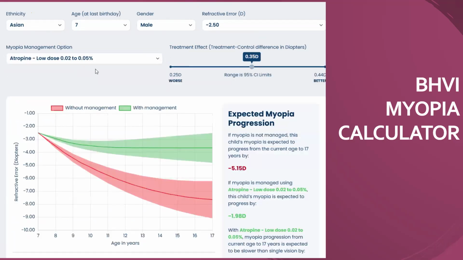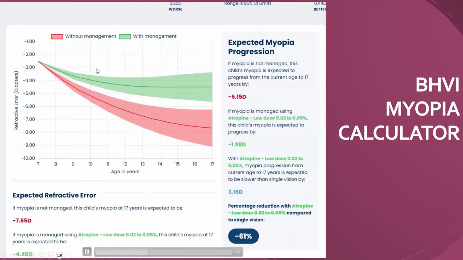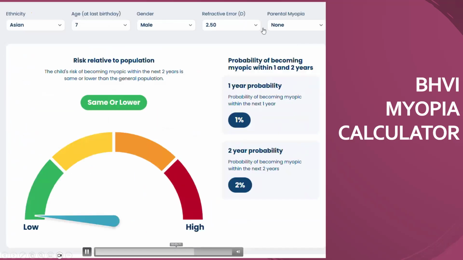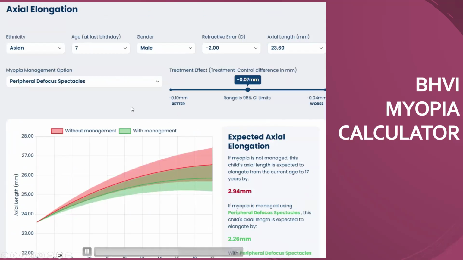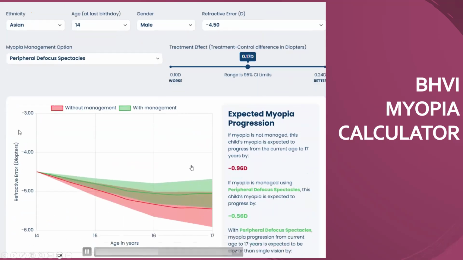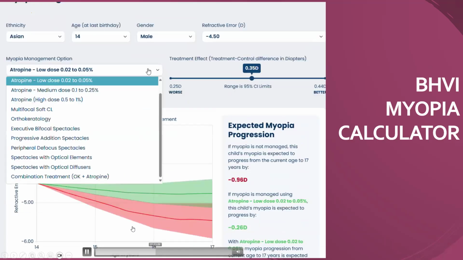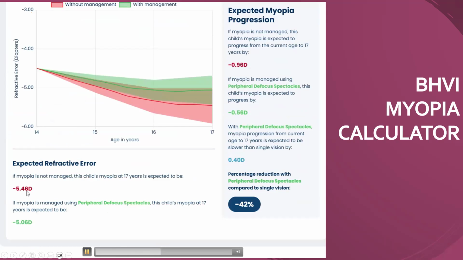And another part of this particular calculator, I will go back to this point. They have come up very recently with this. This was not there 1 year back. So this is what we saw. They have come up with this, which is a refractive error.